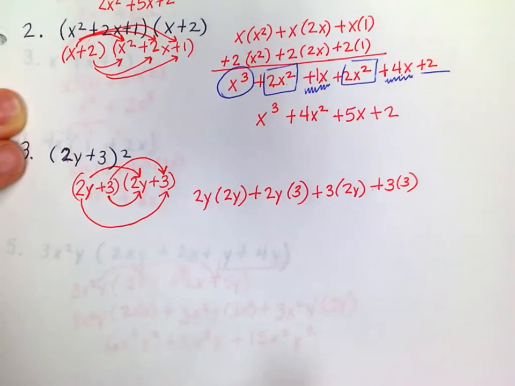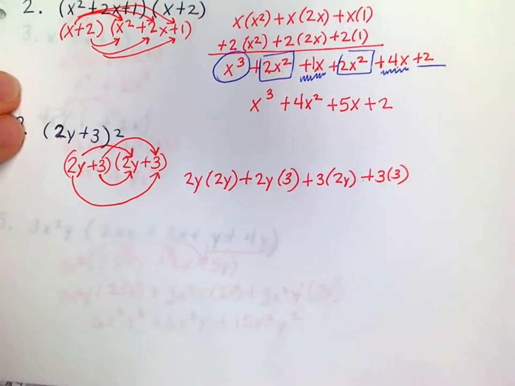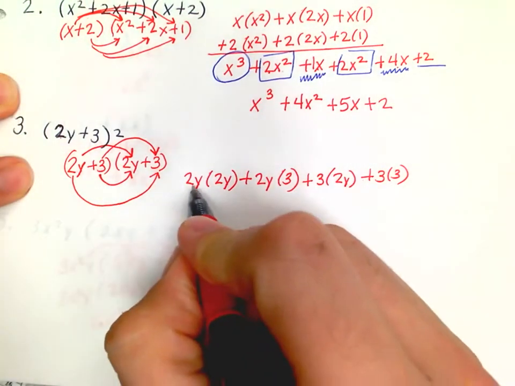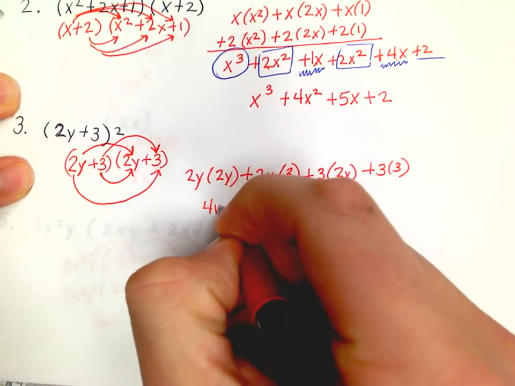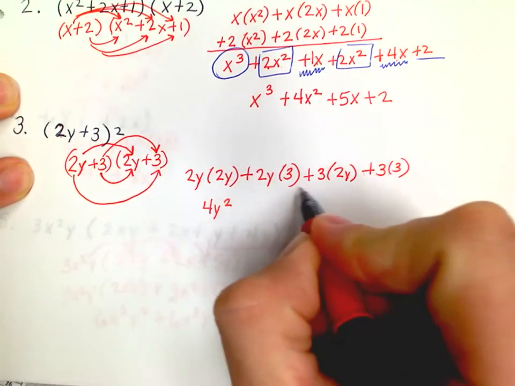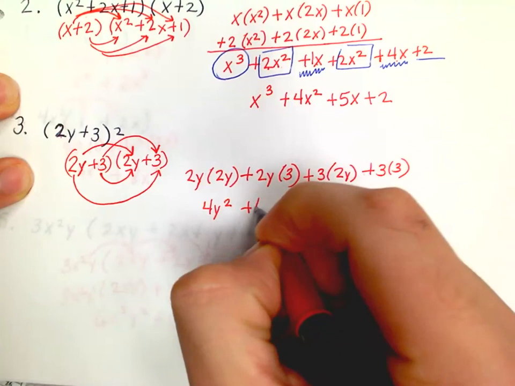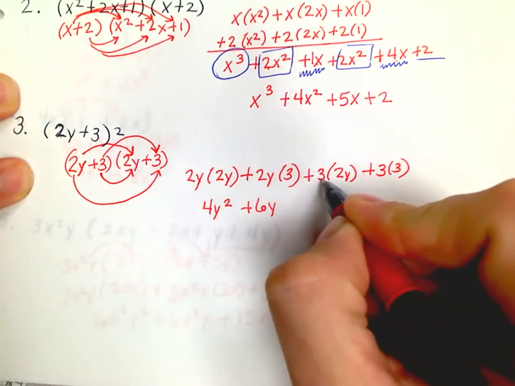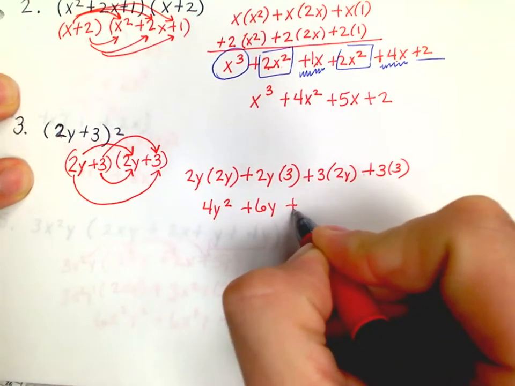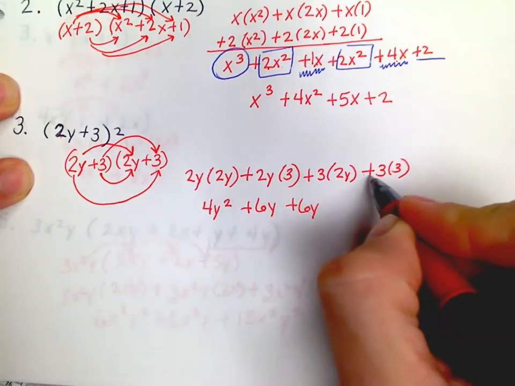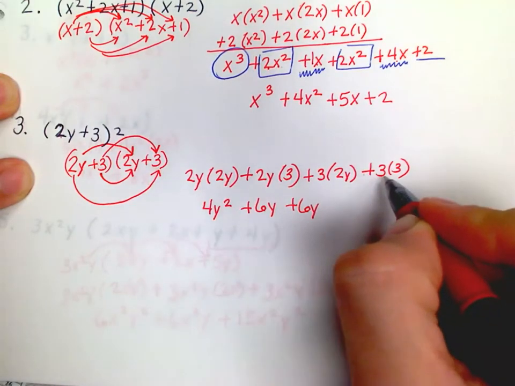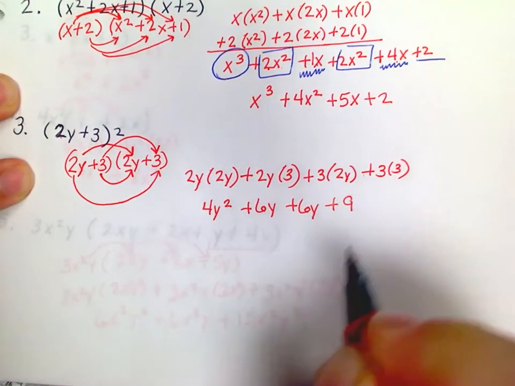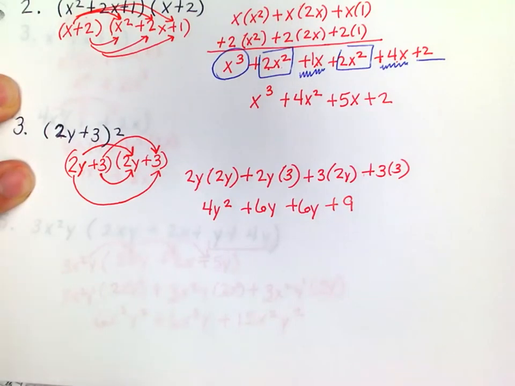Let's go through and simplify our multiplication. So 2y times 2y is 4y squared. Over here, 2y times 3 is 6y. Over here, 3 times 2y is 6y. And then finally, 3 times 3 is a positive 9. Let's simplify even further.